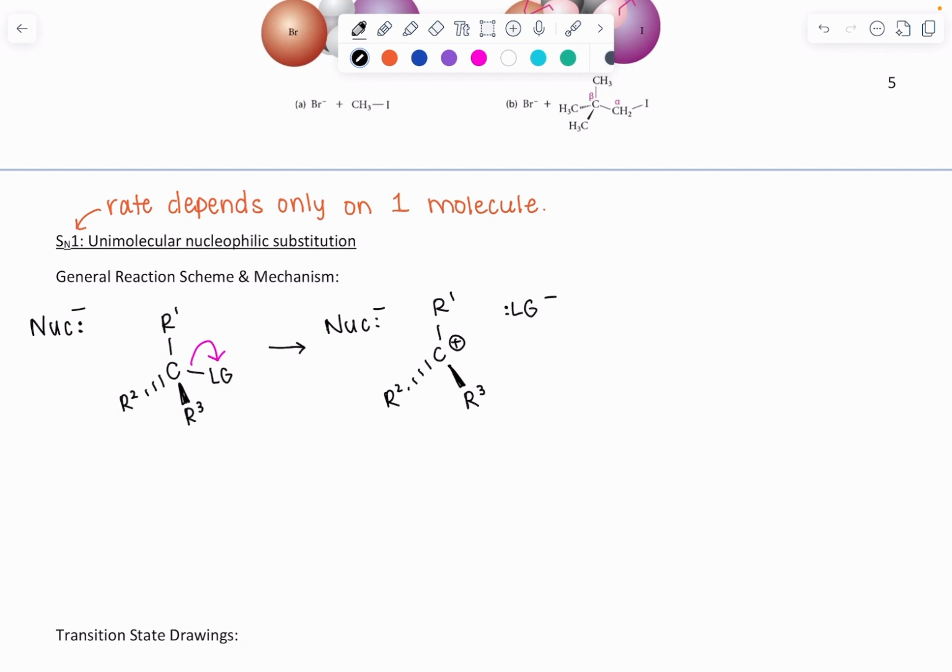Okay, let's add some notes here. I'll use just pink for the first step. So the first step of an SN1 reaction is carbocation formation. So carbo for carbon, and cation for it being positive. We often abbreviate this as C+.